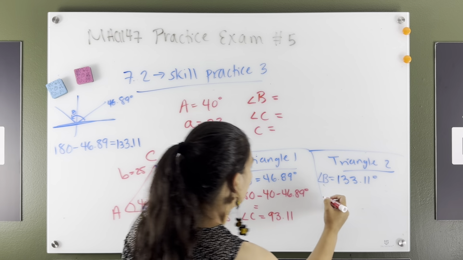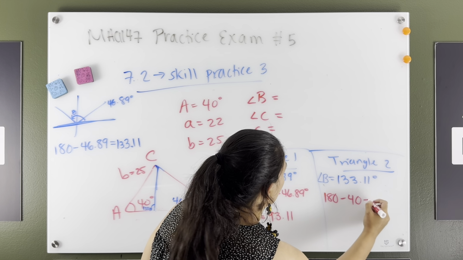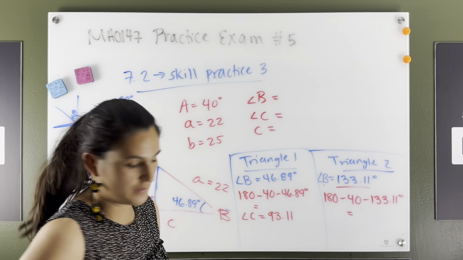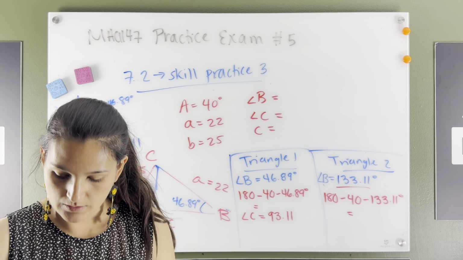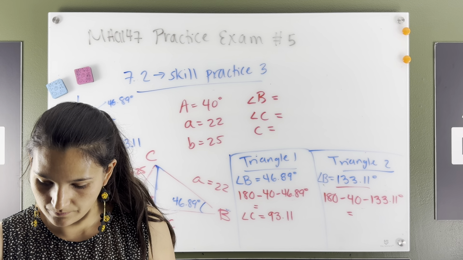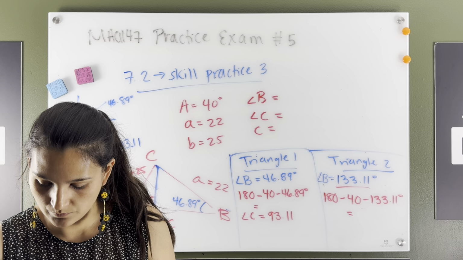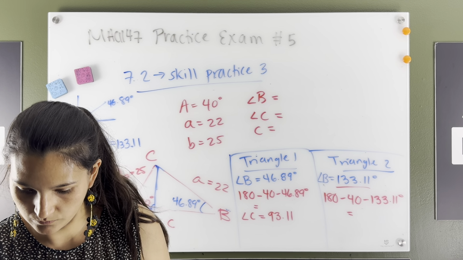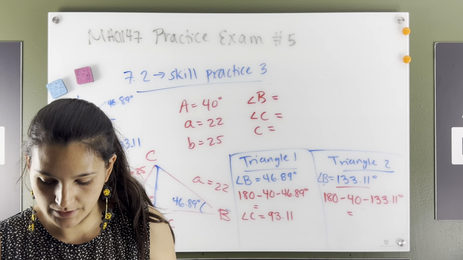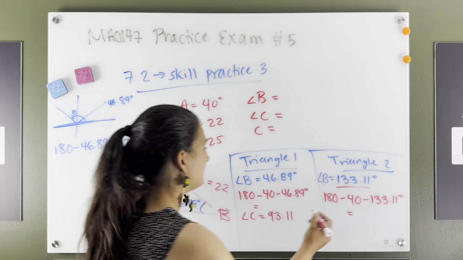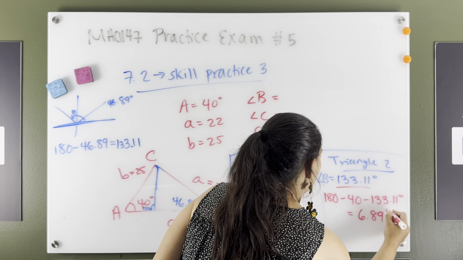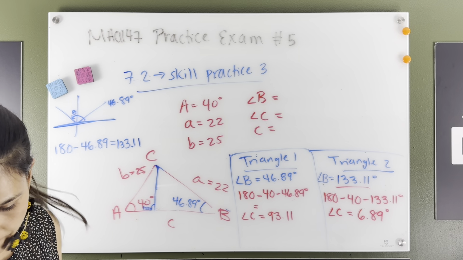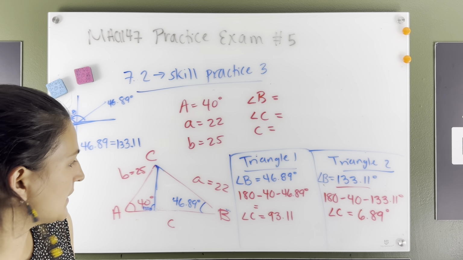And then on this one, 180 degrees minus the 40 minus the potential obtuse angle is going to be 6.89. Okay, awesome. Again, the book rounds to the tens place, I did it to the hundreds.